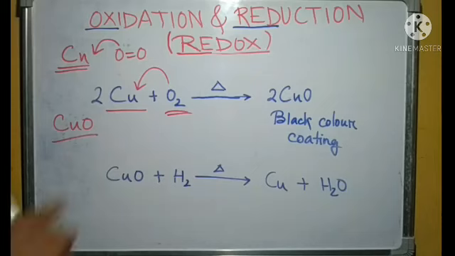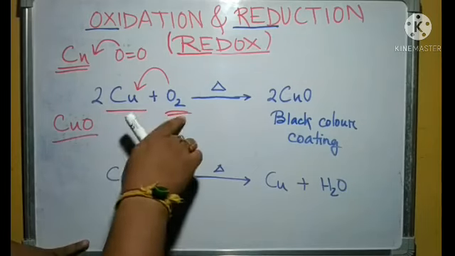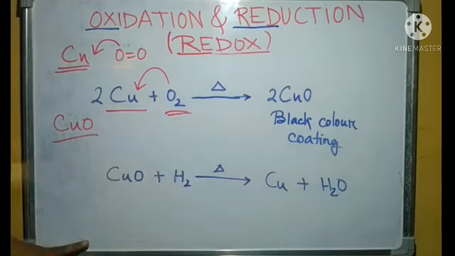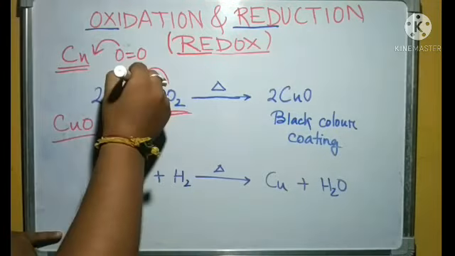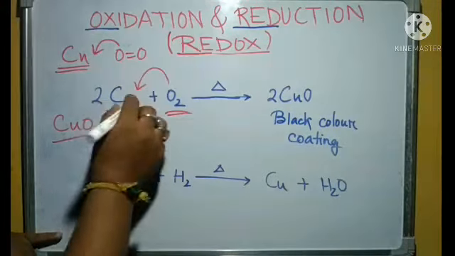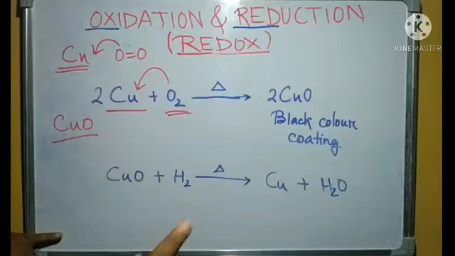Here we have two copper atoms and one oxygen molecule. One oxygen molecule has two oxygen atoms, and here we have two copper atoms. So one oxygen atom will come to one copper atom. That means one copper atom will get one oxygen atom to form copper oxide.